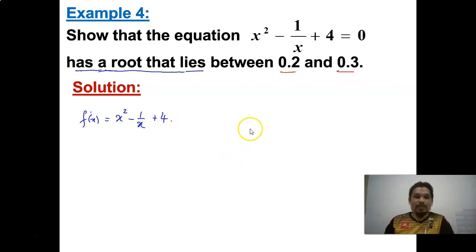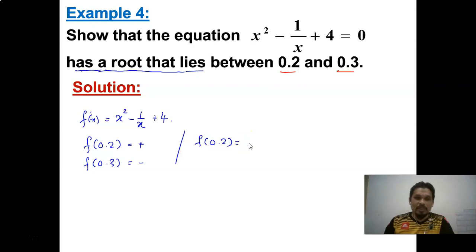Okay, so we are going to test these two values by substituting them into the function. If, let's say, f(0.2) gives us a positive answer and f(0.3) gives us a negative answer, there's a change from positive to negative, or the other way around, from negative to positive, either one.